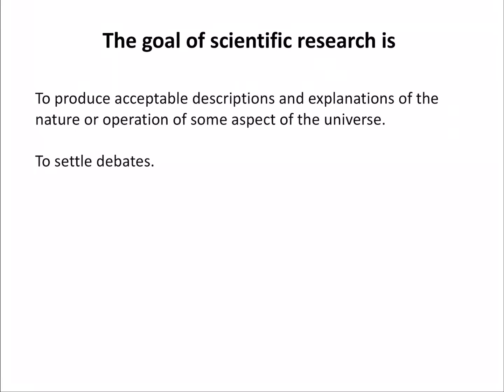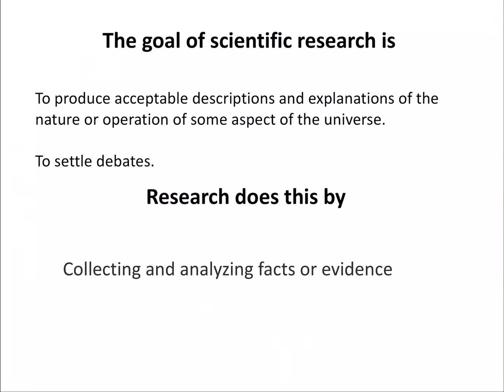So the goal is obviously to provide this acceptable description using complete transparency to create knowledge and obviously to settle debates, because there are debates all the time as to what is the best solution for something. So research does this obviously by collecting transparent data and laying them out so that everyone can see what has occurred.